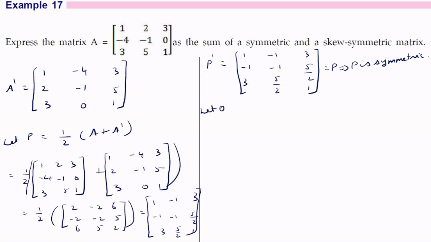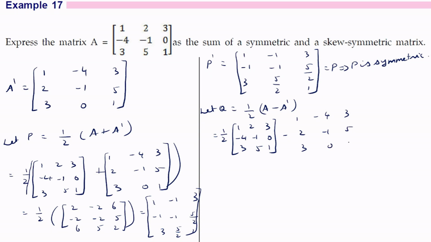Similarly, let us have Q as half of A minus A transpose. So it is half of 1, 2, 3, minus 4, minus 1, 0, 3, 5, 1 minus A transpose, which is 1, minus 4, 3, 2, minus 1, 5, 3, 0, 1.